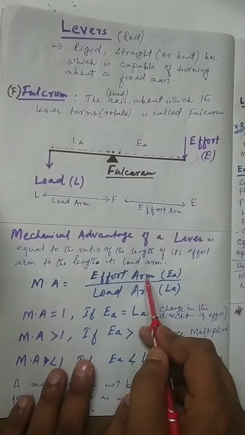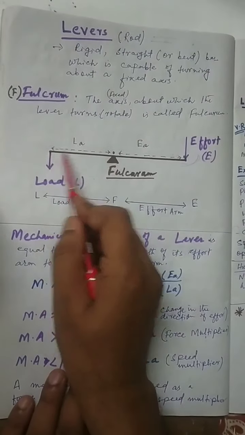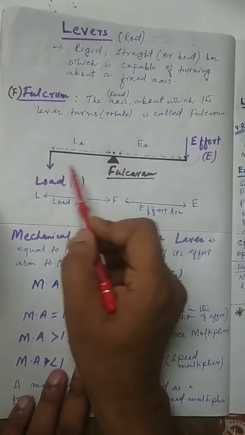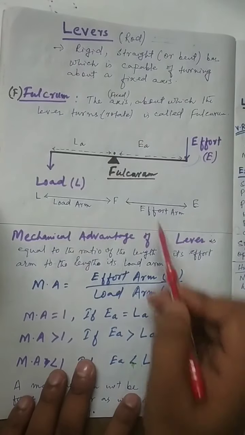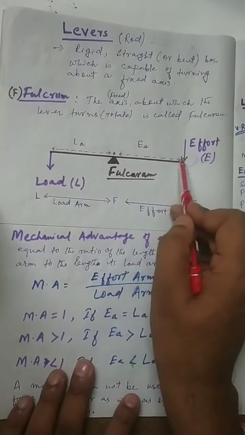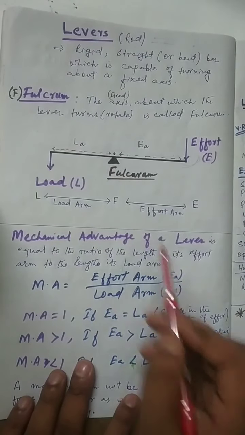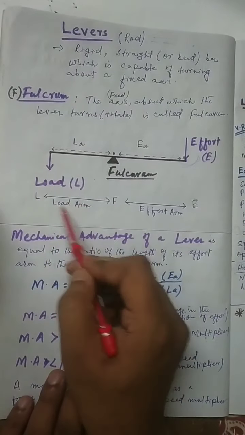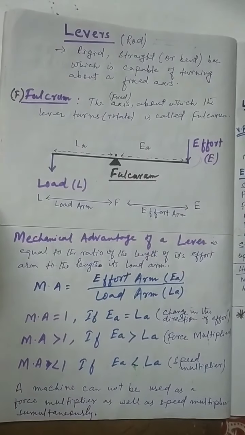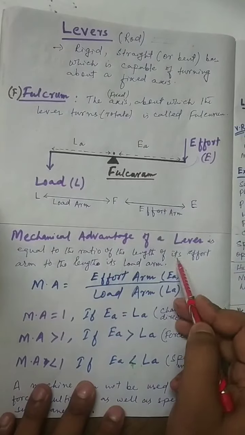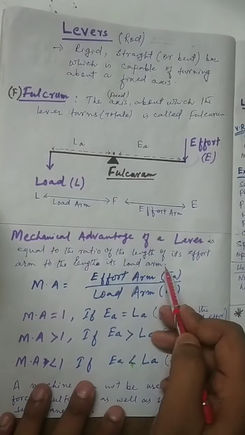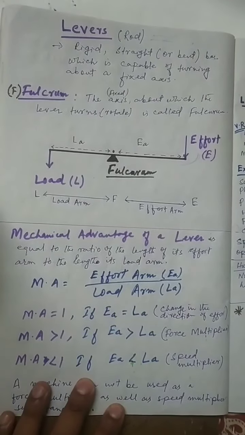What is the effort arm? That distance between fulcrum and effort, and the load arm means the distance between load and fulcrum. Okay. Now mechanical advantage is equal to the ratio of the length of the effort arm to the length of the load arm.